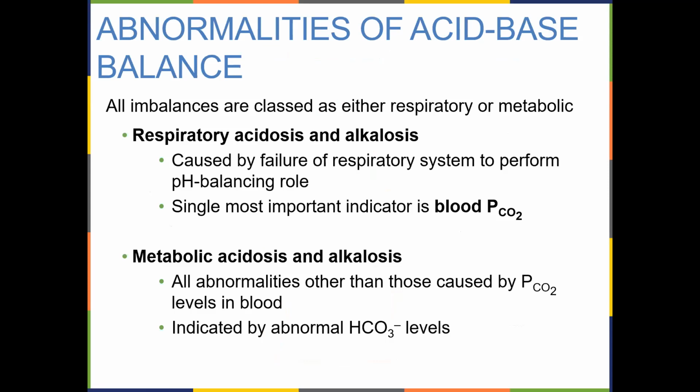Carbon dioxide is key here. If you retain CO2, your pH is going to go down. If you blow off CO2, it's going to go up. So what you have to do is look at the CO2 level in the blood. That's PCO2. What is the carbon dioxide level in the blood? And there's a very specific range for that.